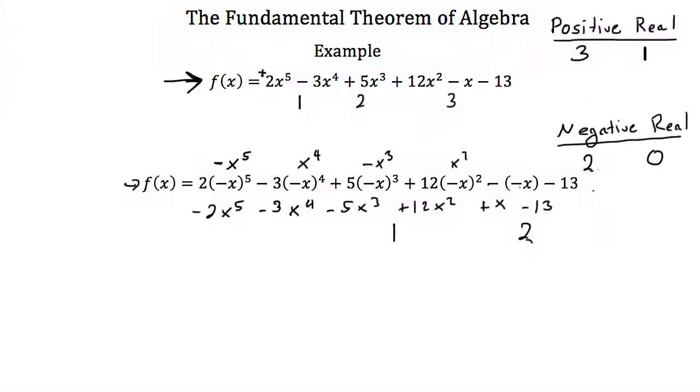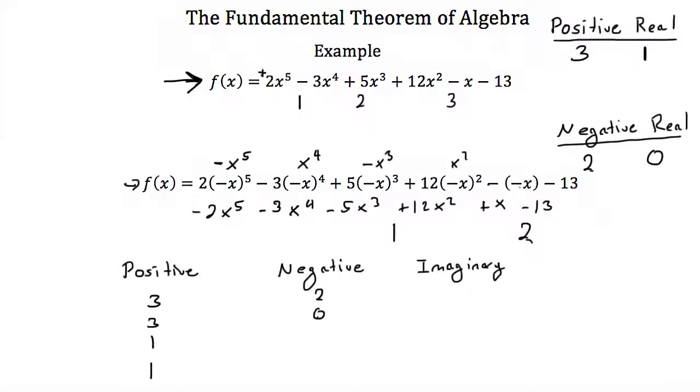Now there's 3 possible types of solutions. We can have a positive real solution, we can have a negative real solution, or we can have a solution that's not real at all, so it's imaginary. Well, if we have 3 or 1 positive solutions, and we have 2 or 0 negative real solutions, we have to think of all the combinations of solutions we can have.